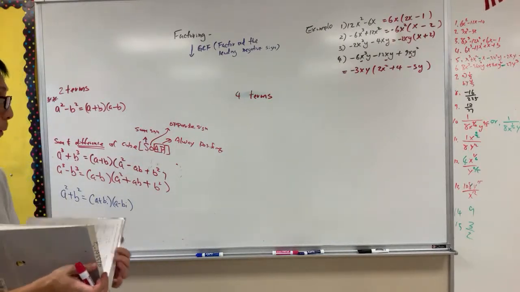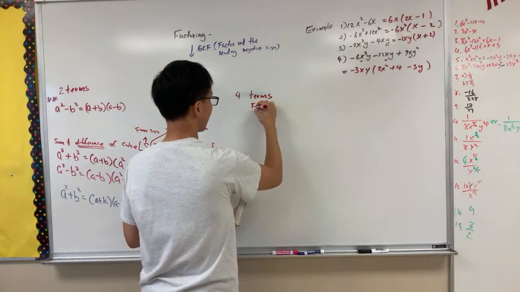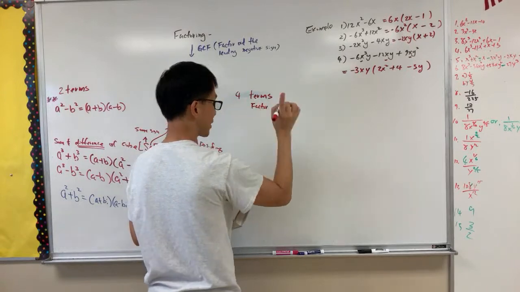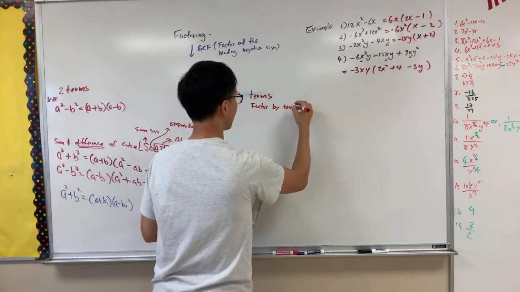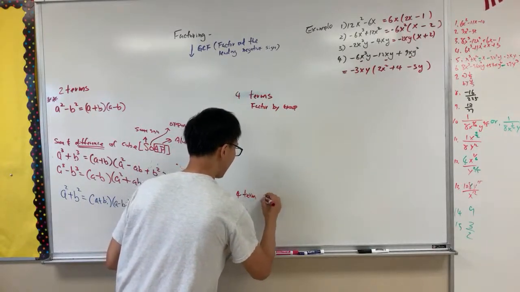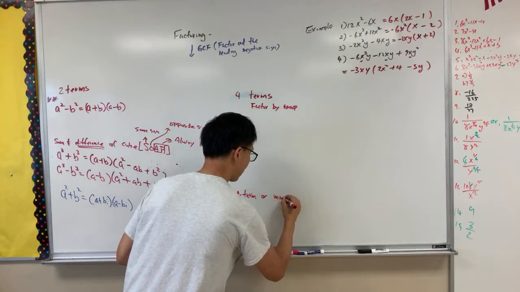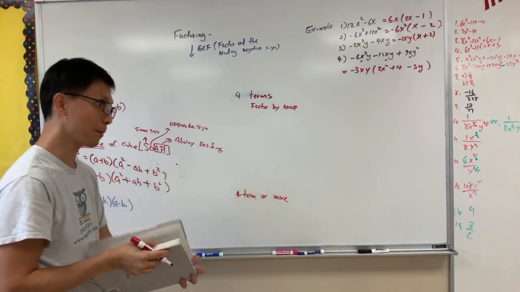So I'm going to give you an example. With 4 terms, usually they are factored by grouping, but that's an example, not an exception. But there are 4 or more terms, and they're going to require something else.